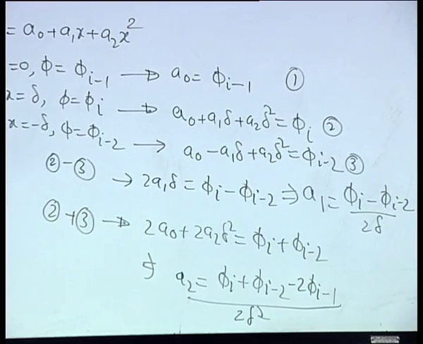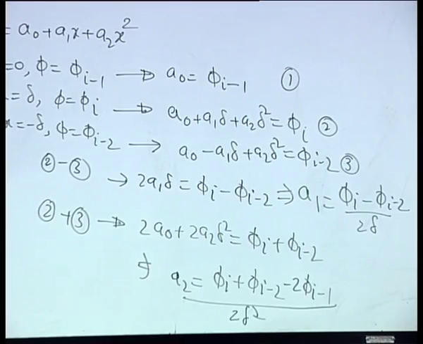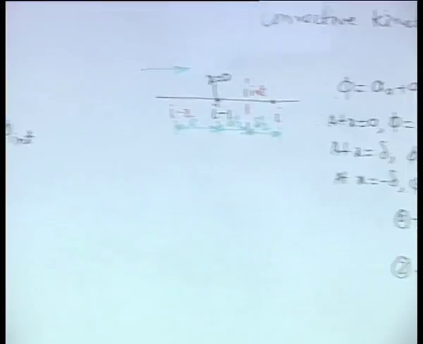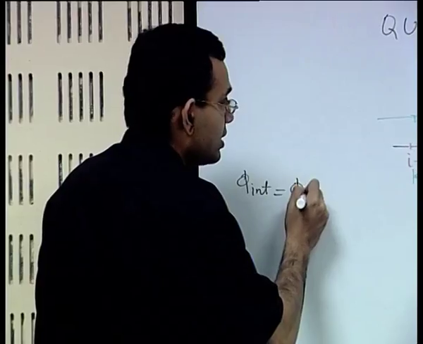So, what you require? You require phi at the interface, that is after the interpolation you require. So, what is phi at the interface? That is phi at x equal to delta by 2.